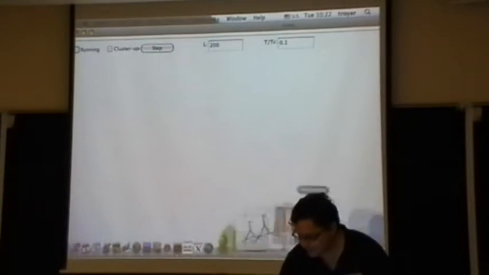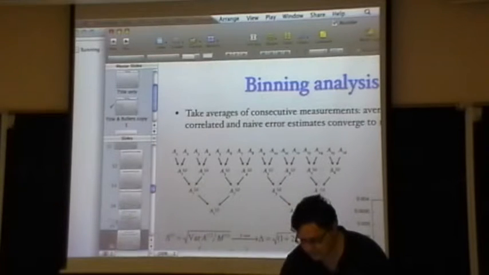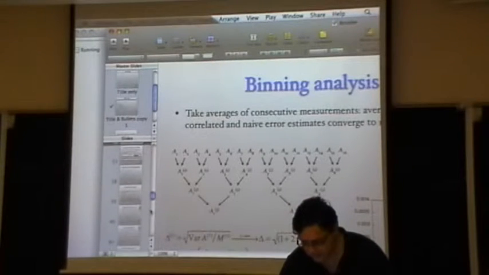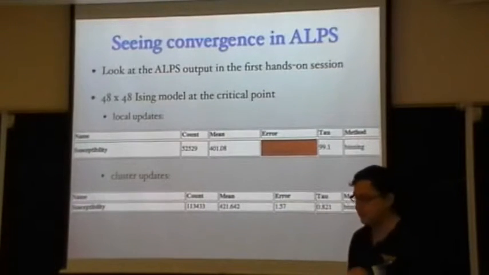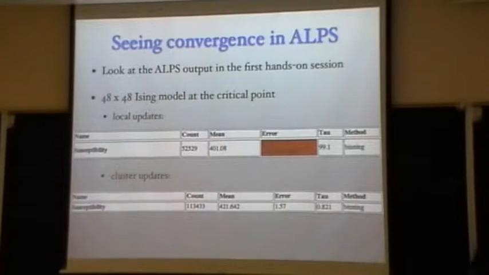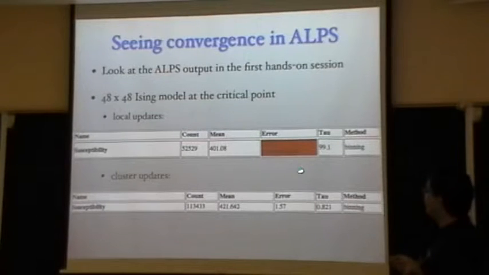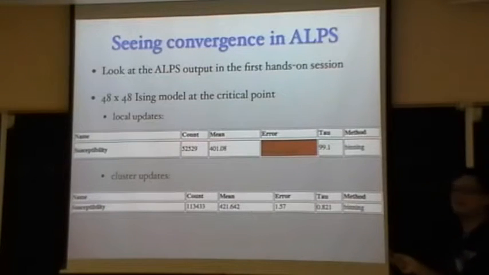Now let me go back to the talk. I just have one last topic there. When you use the ALPS code and look at the result files, it will tell you that the error is not converged, and it will mark it in red and tell you, hey, there's a problem here, look closer.